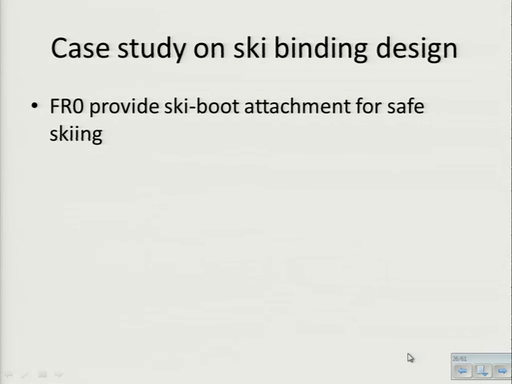FR0. Let's take a look at this case and say we have a design problem where we want to provide a ski boot attachment for safe skiing. One of the things it needs to do is transmit control loads. I can't ski safely if I can't transmit control loads to the skis.